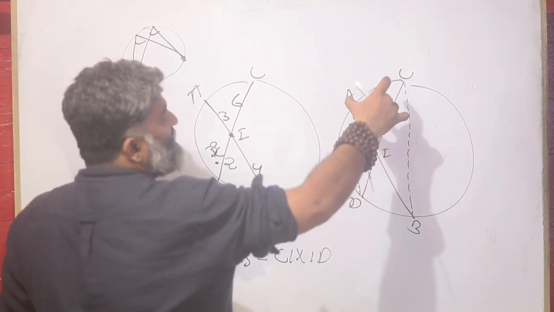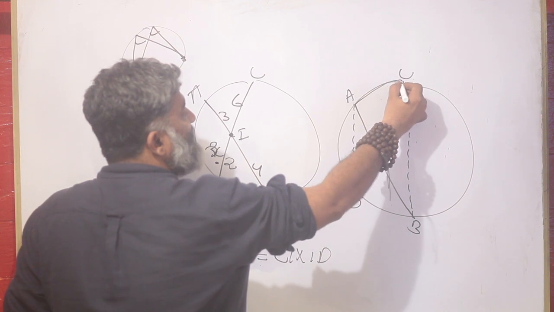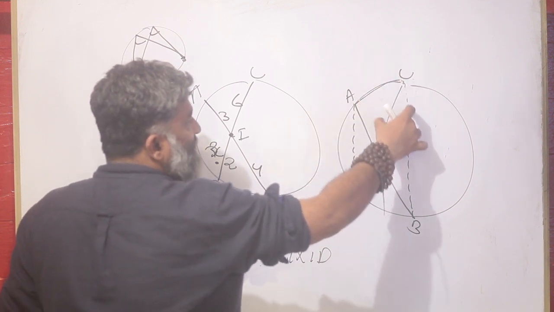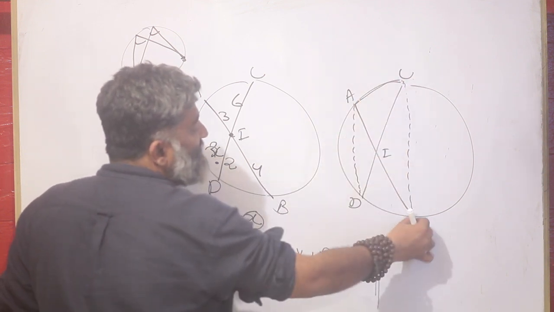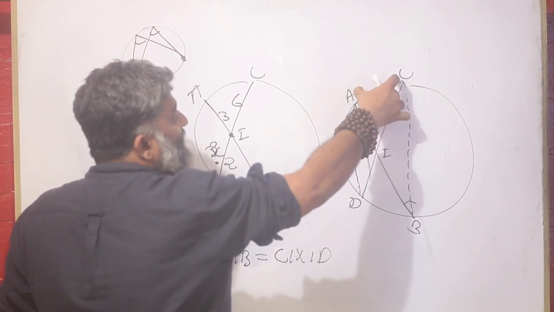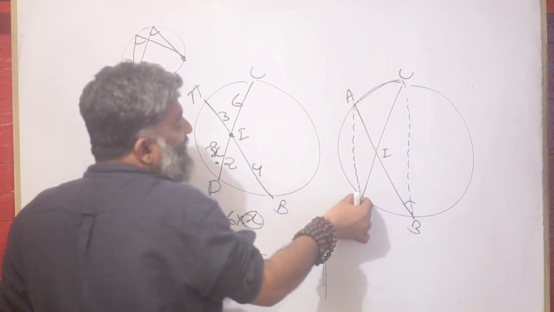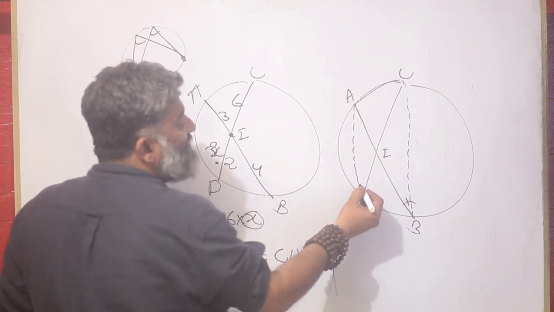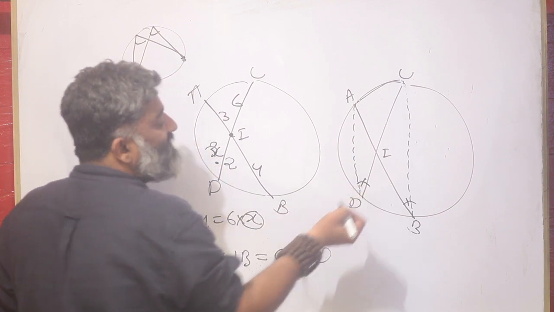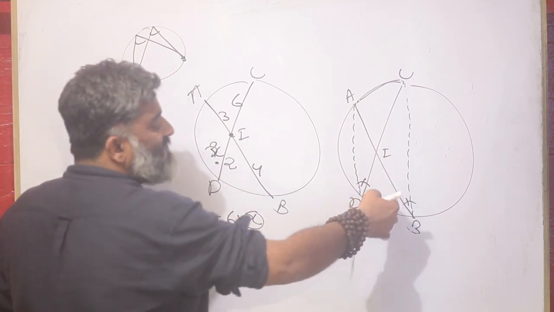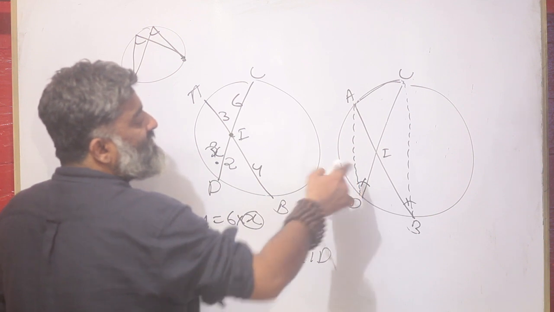For example, if I think of the segment AC, the segment AC is subtending this angle B. The segment AC is also subtending this angle D. That means this angle is going to be equal to this angle. You can name them also something. X is equal to X here, right?